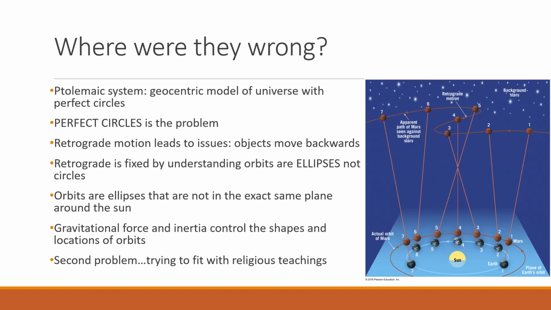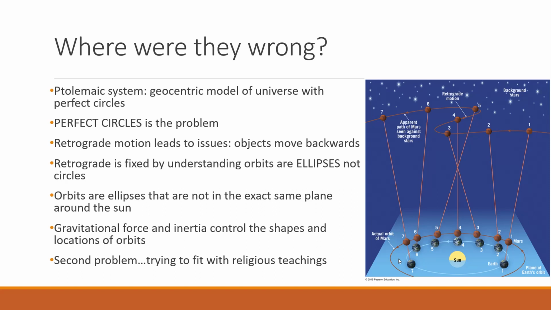But for example, in this image, we see that Mars is orbiting slightly outside our Earth's orbit. And so at times, because of the orientation of Mars to Earth, it appears that Mars is going backwards, that we have what's called retrograde motion.